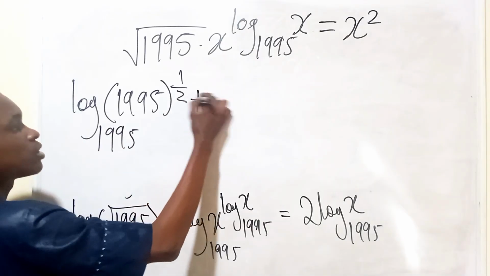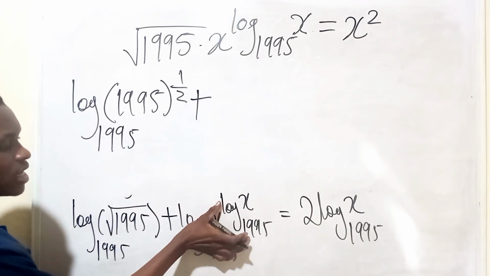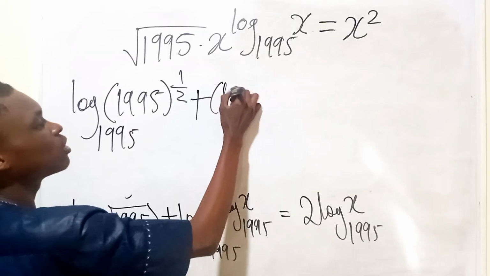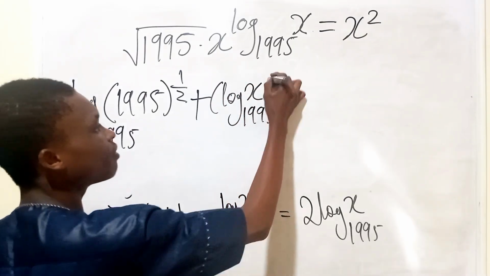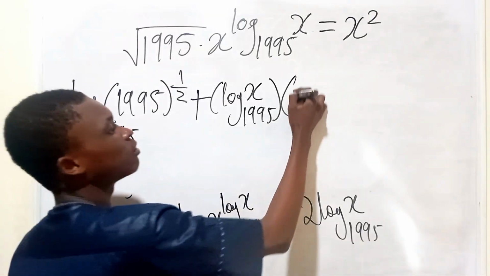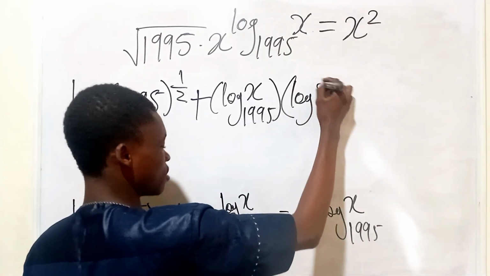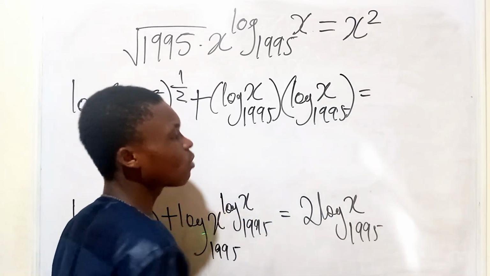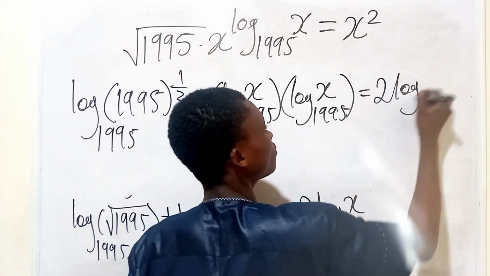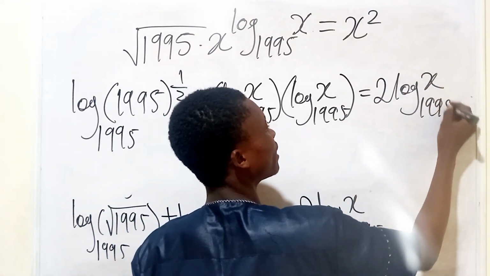Plus, this power can come down, so it becomes log x base 1995 multiplied by this one, log x base 1995, equals 2 log x base 1995.